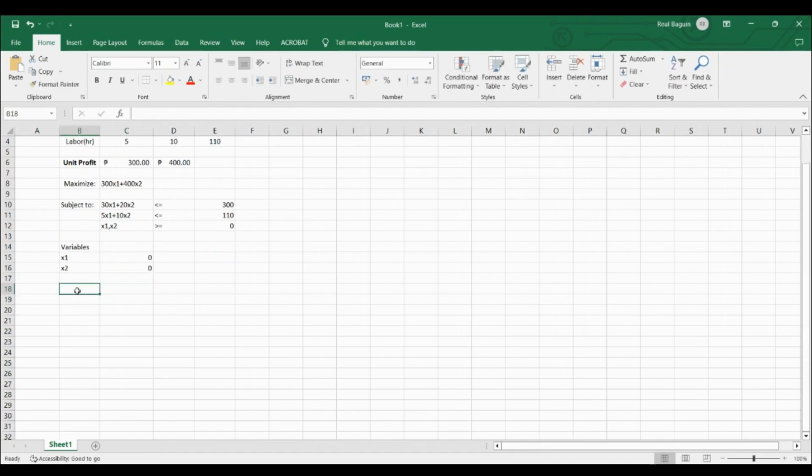Then our objective is to maximize our profit, so we just make it 0.